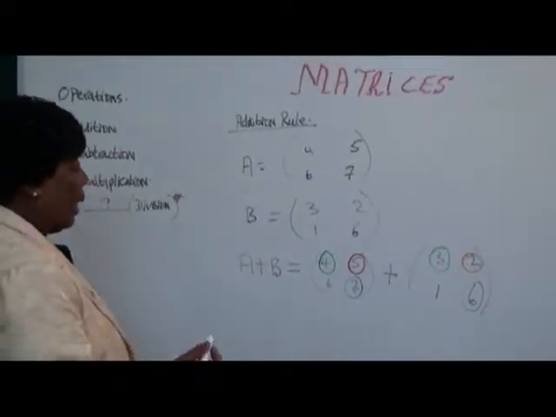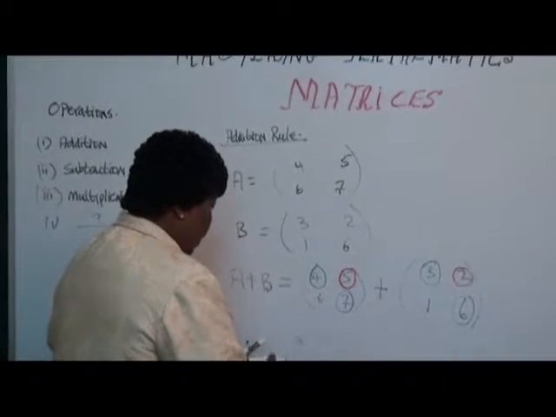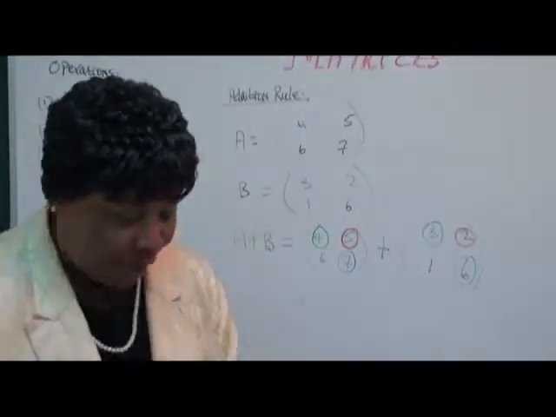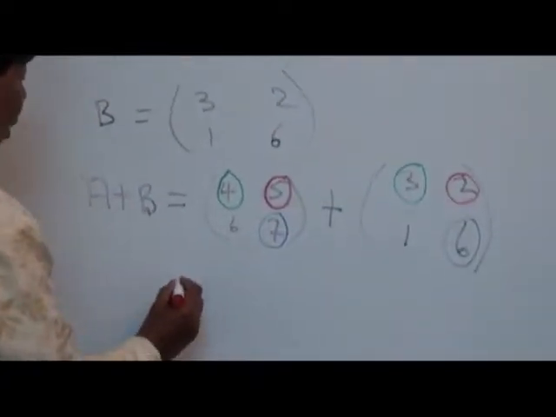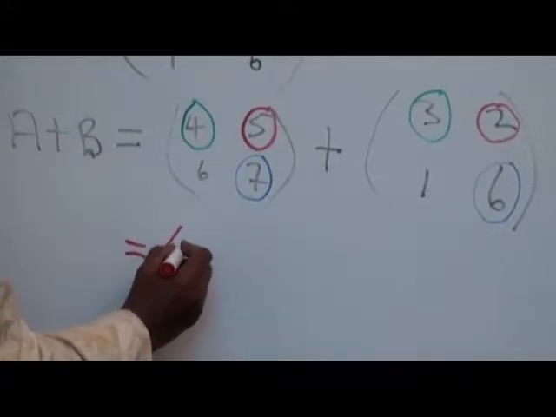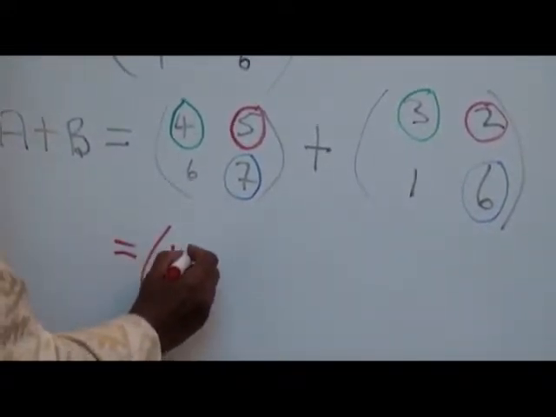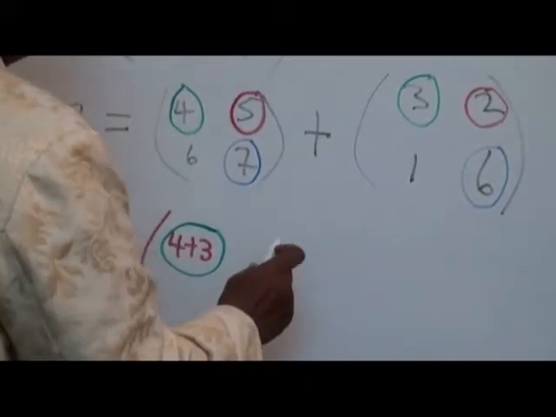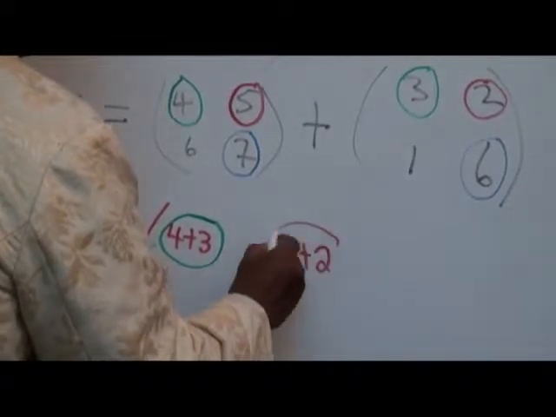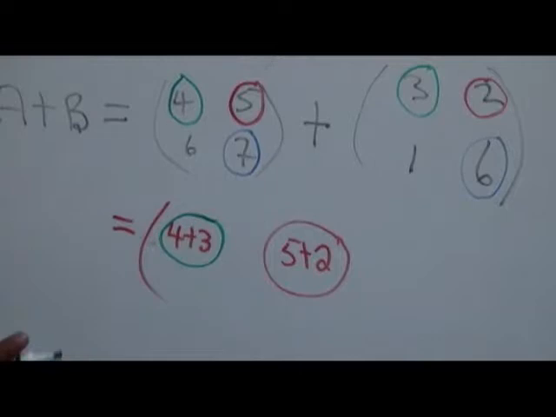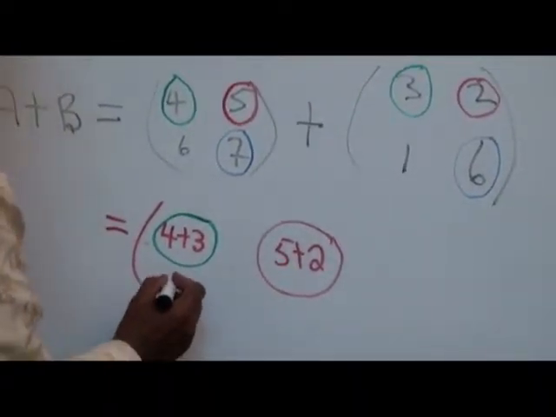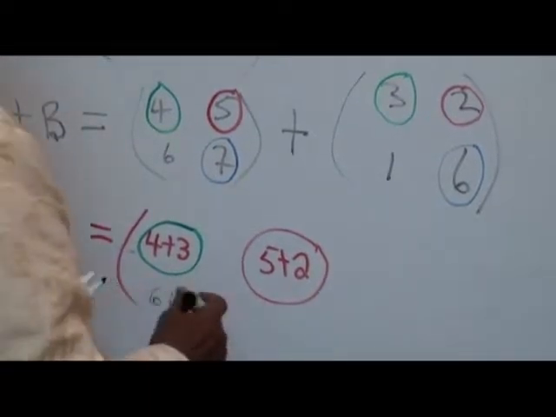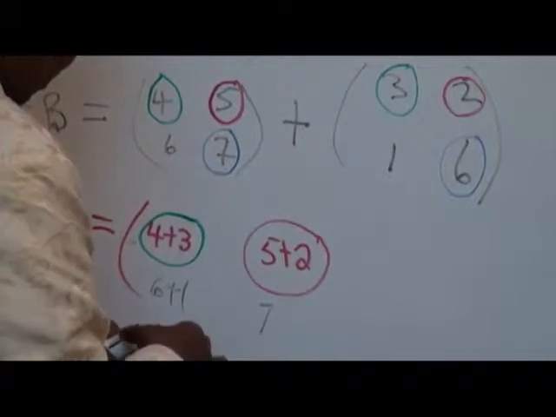So then, in our case, this is now equal to, so let's write here, equal. Let's just take my red marker, because these ones like to give me trouble when I start. Equal to, and we're putting it down like this, so it would be 4 plus 3, my greens are here, and it is 5 plus 2, the reds are here, and it is 6 plus 1, the plain ones are there, and then our blues, where we'll be getting 7 plus 6.